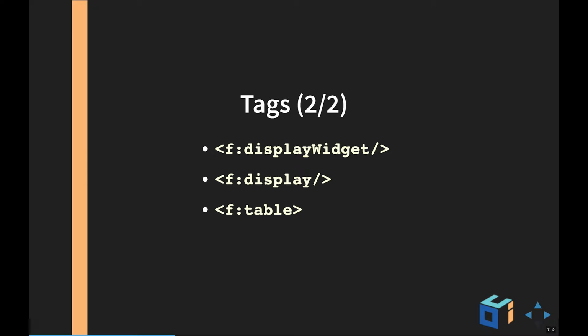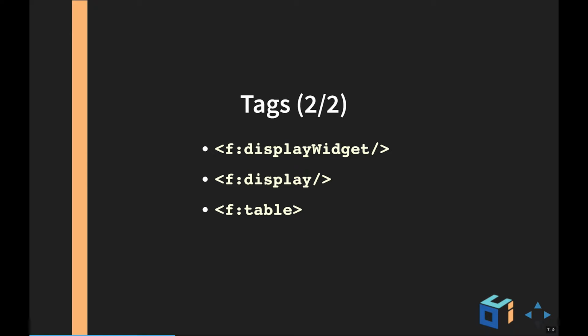Then we have the display side of it. We have a display widget, which just determines how to render the value. So for most of them, like string, it will just be the string. So we don't even define an output display widget for strings. We just use the default because it will just output the value.